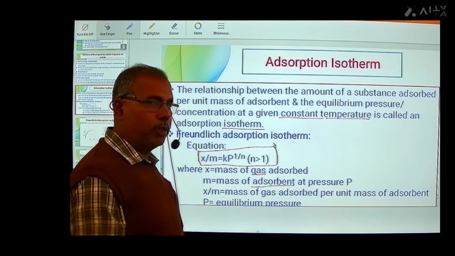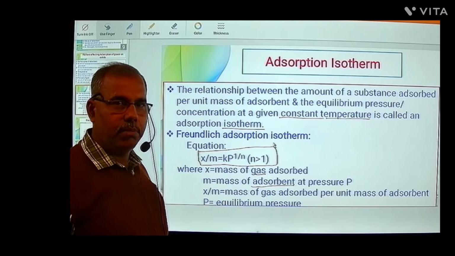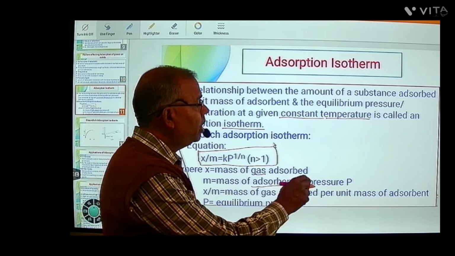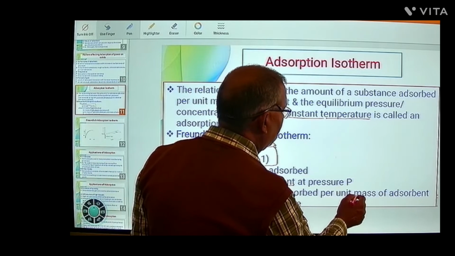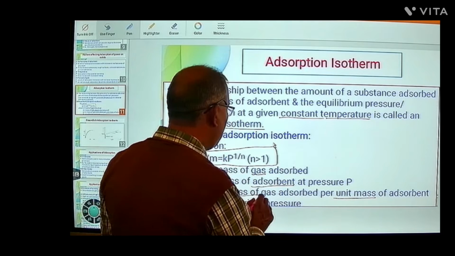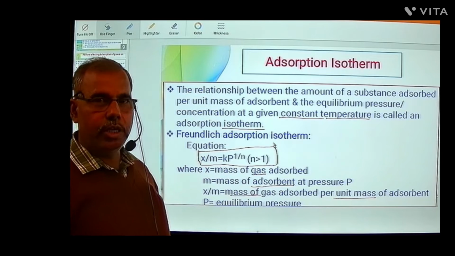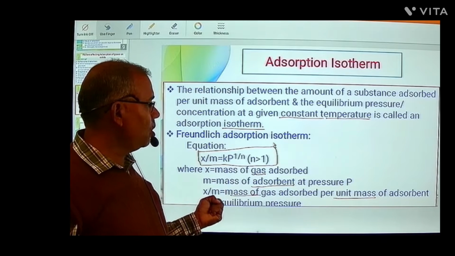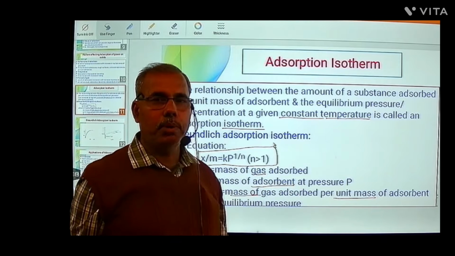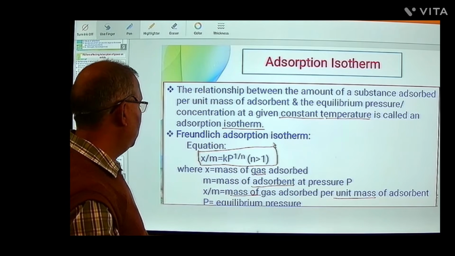Therefore x divided by m, that is x by m, becomes the mass of the gas adsorbed per unit mass of the adsorbent, because we divide by m, that is the mass of adsorbent.